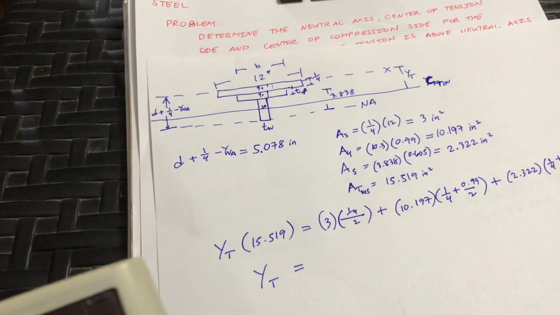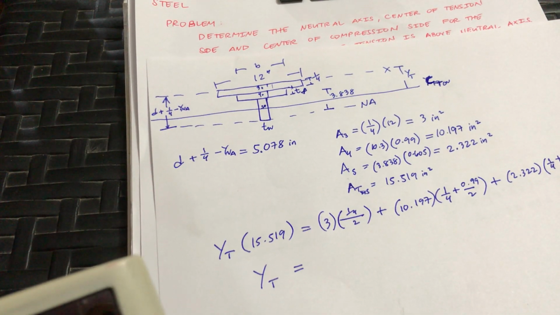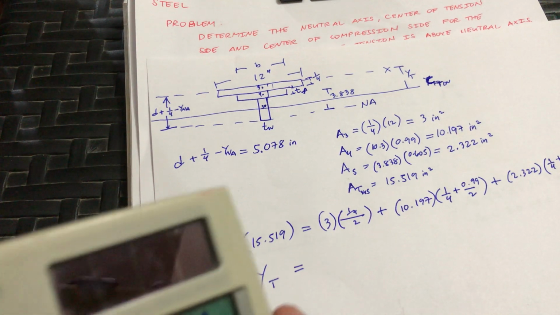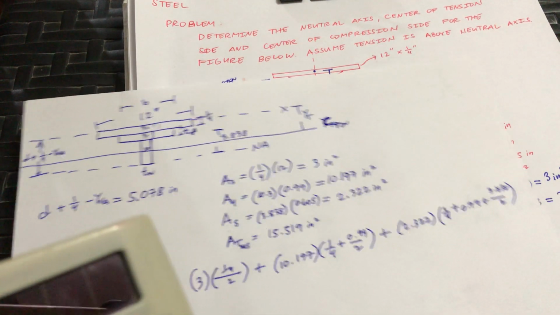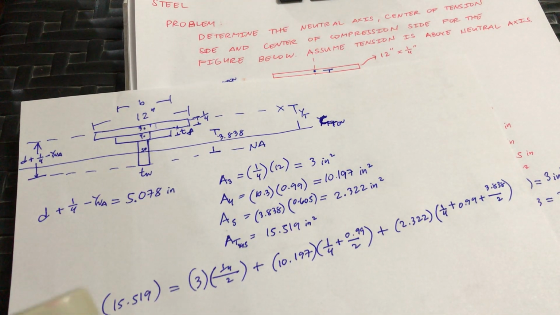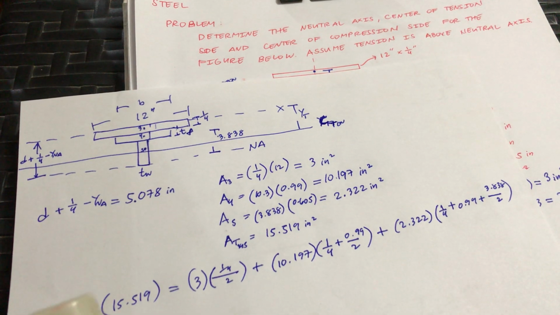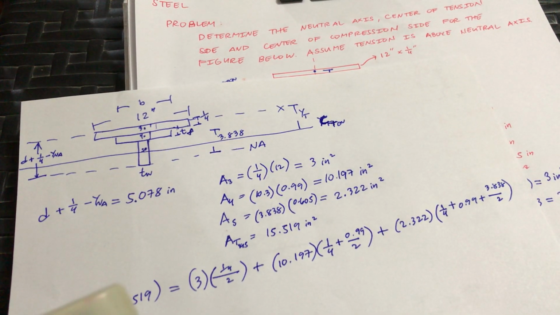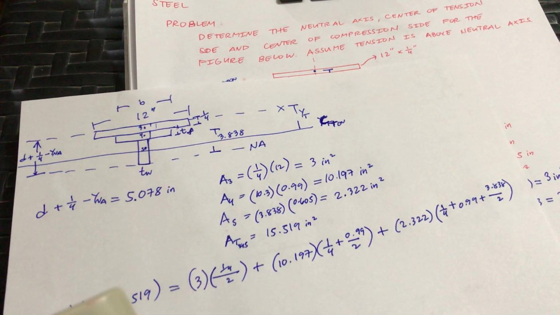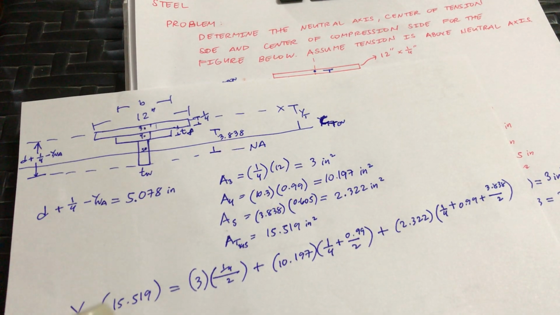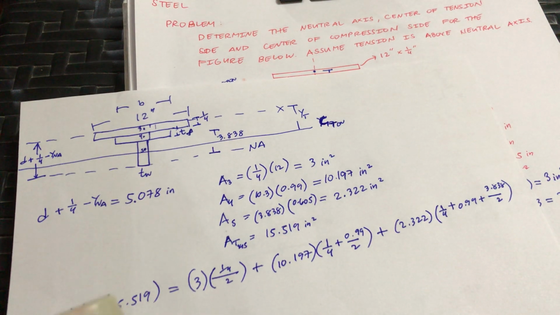Then we have plus 2.322 times 1/4 plus 0.99 plus 3.838 all over 2.